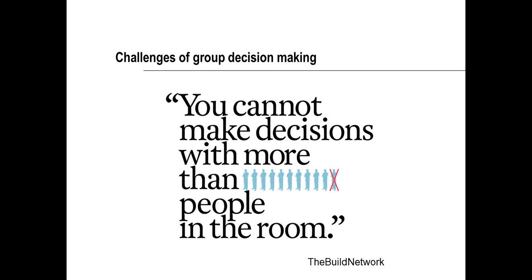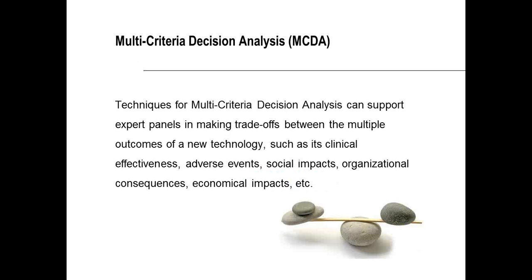For a few of these challenges you could use MCDA, and MCDA is especially appropriate to support group panels with experts if they really have to make trade-offs between the different values of a new technology. For example, the clinical effectiveness of a new technology might be higher than the current technology, but there might also be more adverse events that you really wouldn't like.